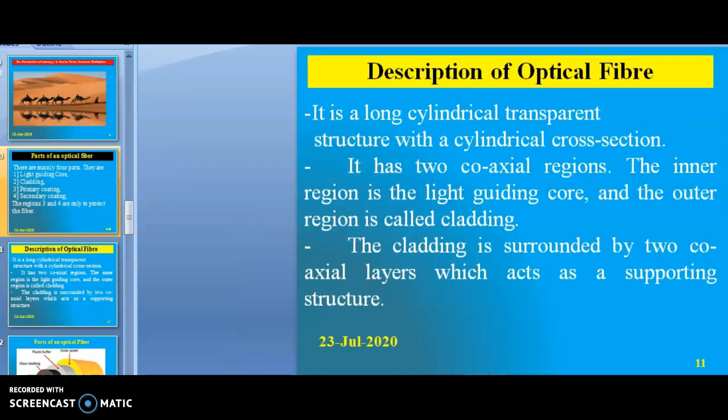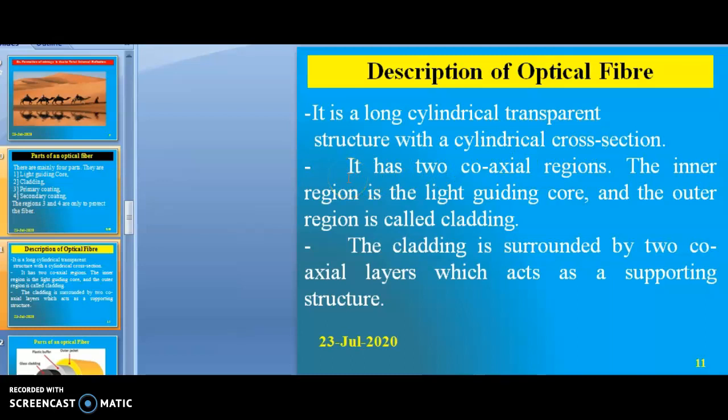Now, let us see the description of optical fiber. It is a long cylindrical transparent structure with a cylindrical cross section. And the second one is it has two coaxial regions.